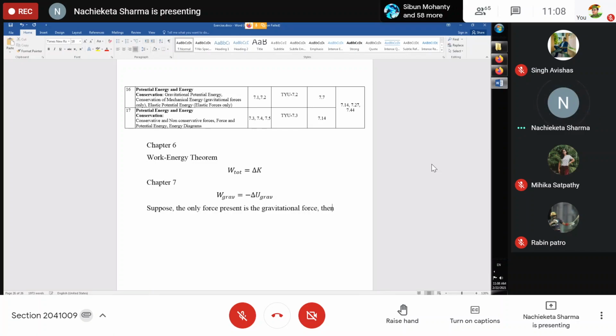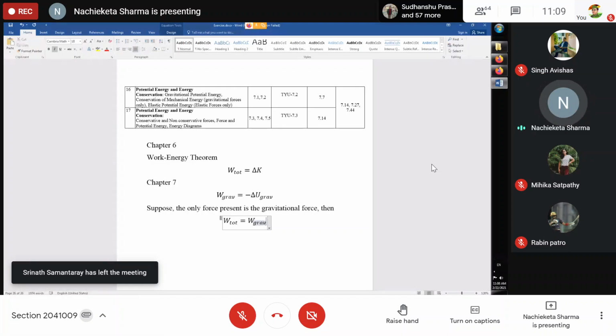Then you can write W total is equal to W grav, the work done by the gravitational force.